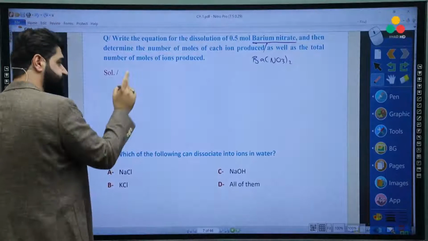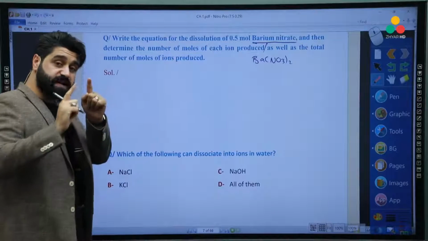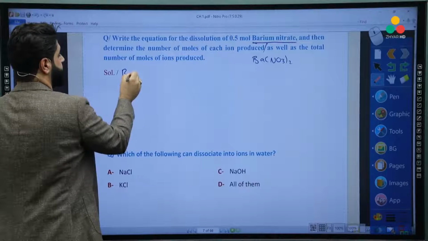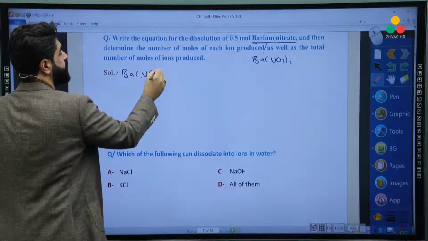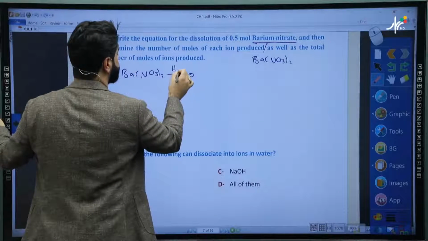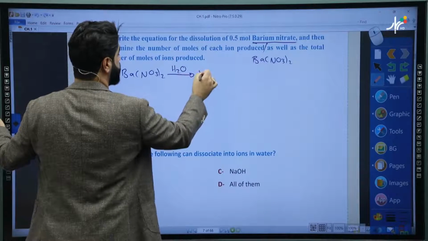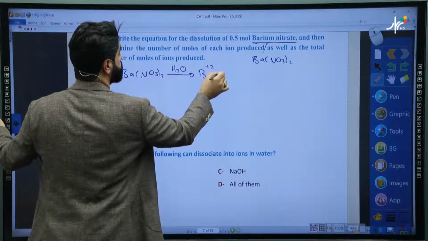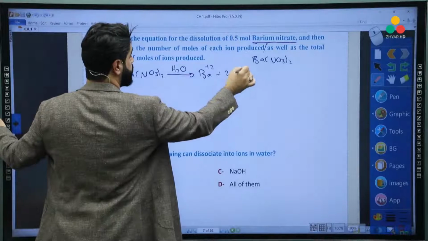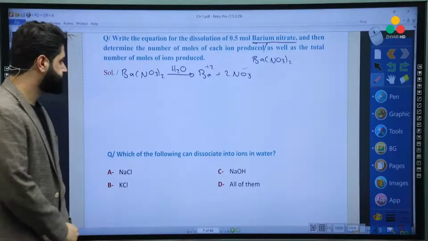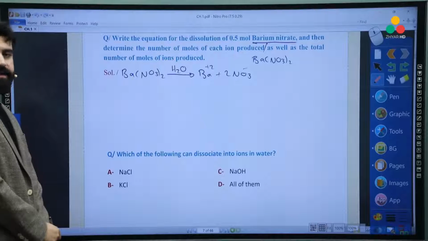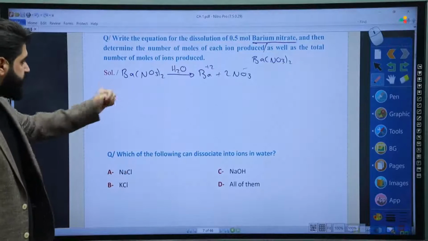So first step, write the dissociation for 1 mole. Ba(NO3)2 in water gives Ba2+ plus 2NO3-. It's a dissociation for 1 mole of a compound. It's so easy, right?